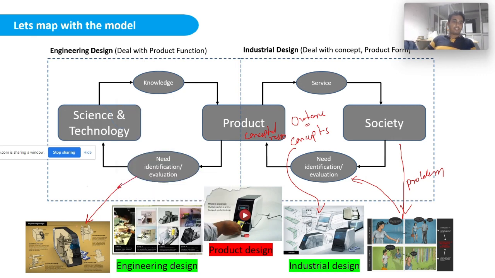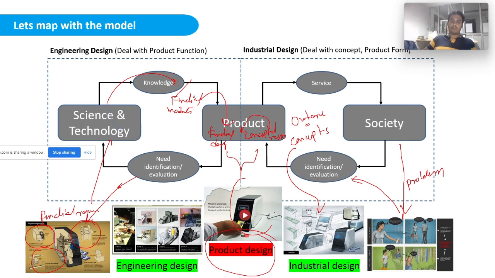We come up with these sort of functional requirements, and then we search them in the space of science and technology, and as an outcome we come up with functional modules or knowledge. You use the conceptual design as well as this functional design, and together we have the product design, and that's your final product.